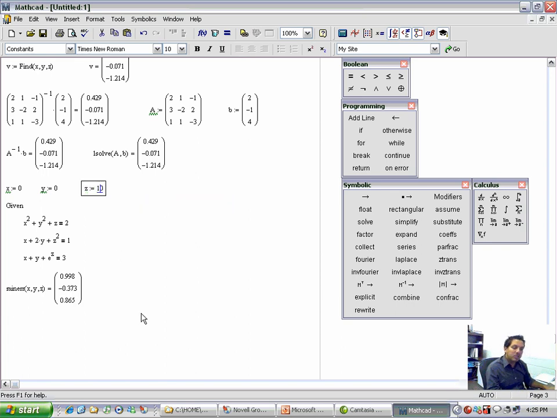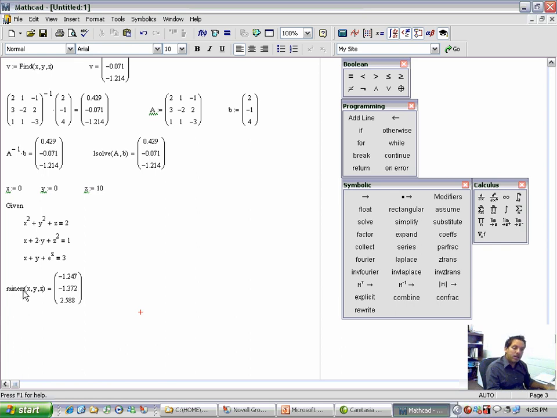But if my initial guess is 10, notice what I get: minus 1.247, minus 1.372, and 2.588. Now, those 2 sets of solutions are completely valid. The thing is that since this system of equations is not linear, the solution is not unique. It's very important for us to remember that.